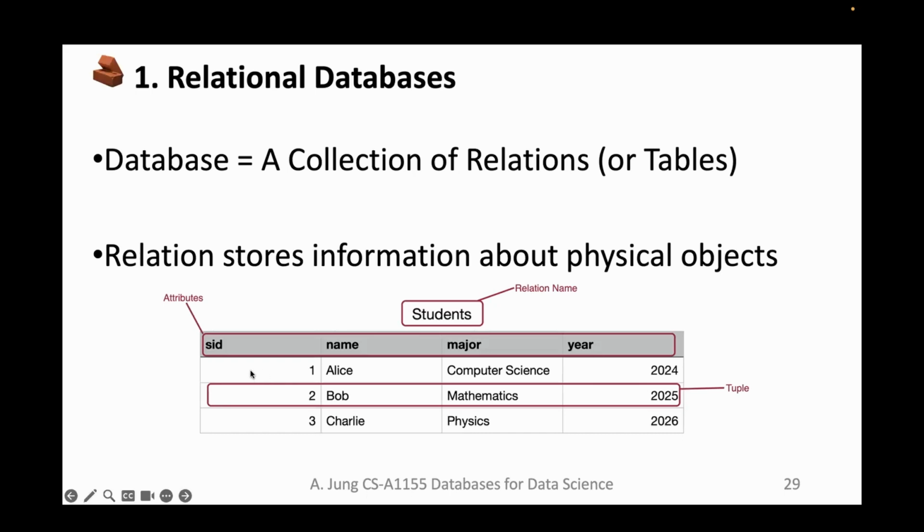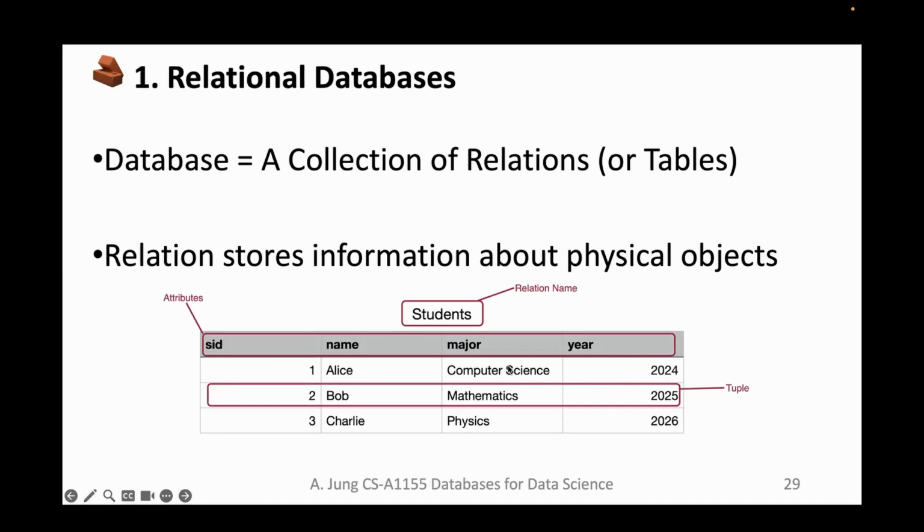And this relation here contains different attributes for each student. There's one student named Alice. The major is computer science, and the year of registration maybe is 2024.